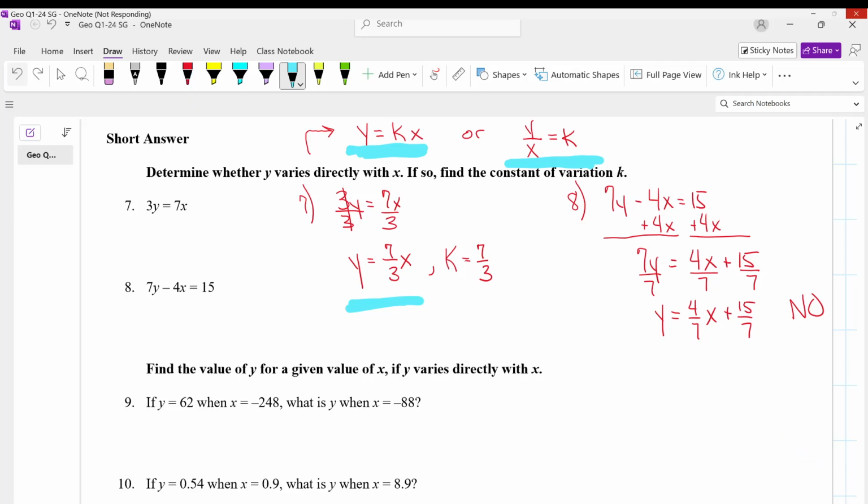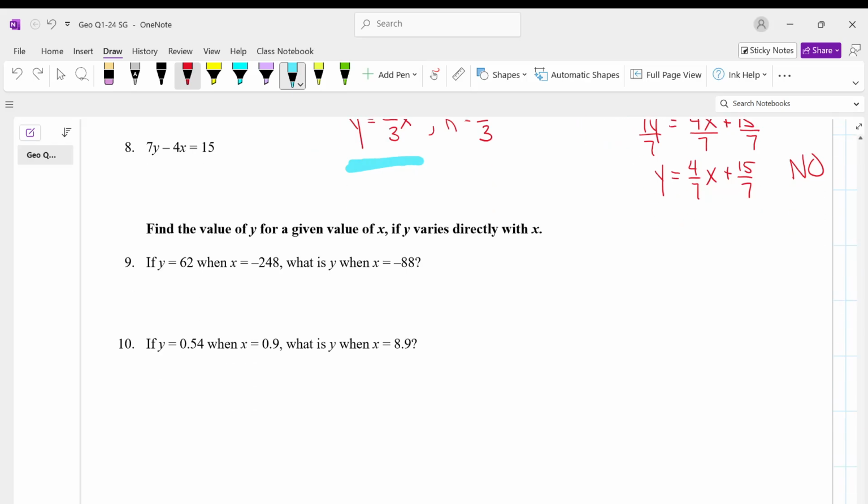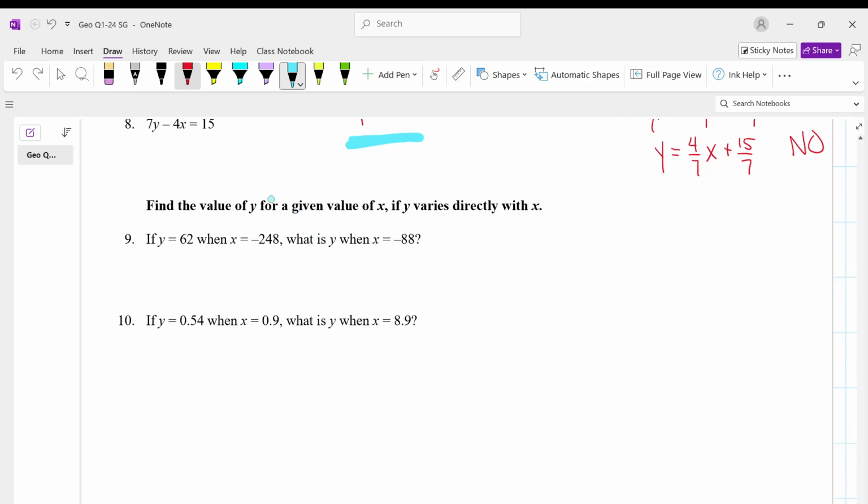All right, problem number 9. Find the value of y for the given value of x if y varies directly with x. If y varies directly with x, then y over x is equal to y over x, or it's equal to a constant.